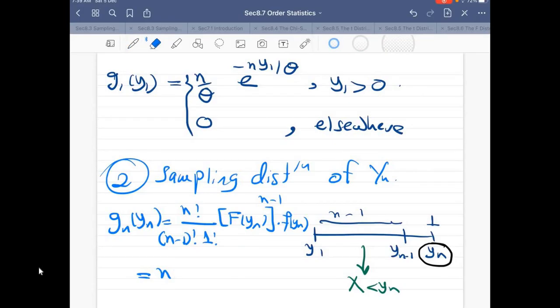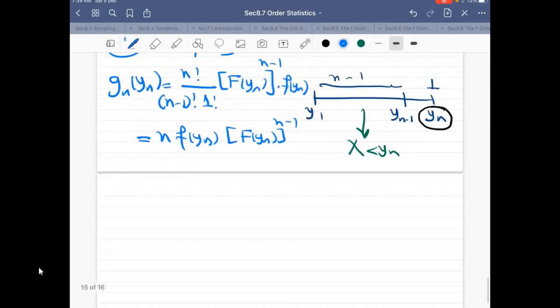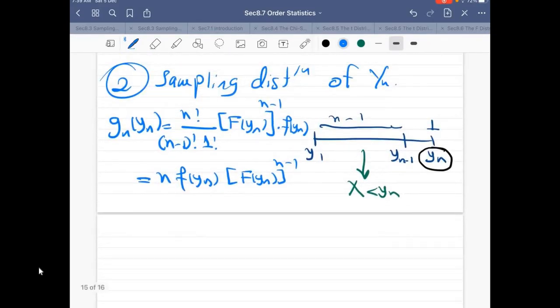Sometimes they wrote it in this way, f y sub n into F capital at y sub n power n minus 1. And y sub n is one of the values I'm sampling from, you know, exponential, which is greater than 0. That means y in here is greater than 0.